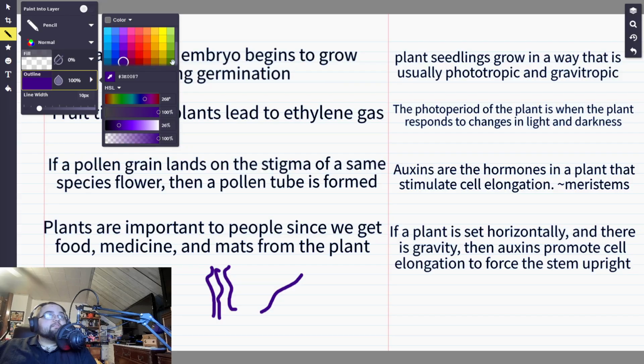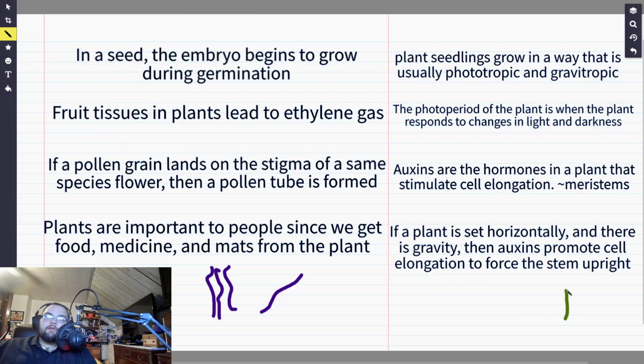So let's take a plant, right? We got our plant. Nice green dandelion. We take this green dandelion and we set it down horizontally. If this continues to grow and it's set down horizontally in respect to gravity, that means gravity is pulling it down, then the meristems are going to encourage the plant to grow upwards, giving it somewhat of a bend.